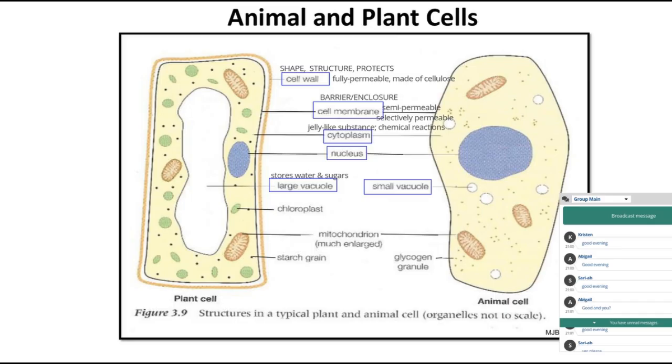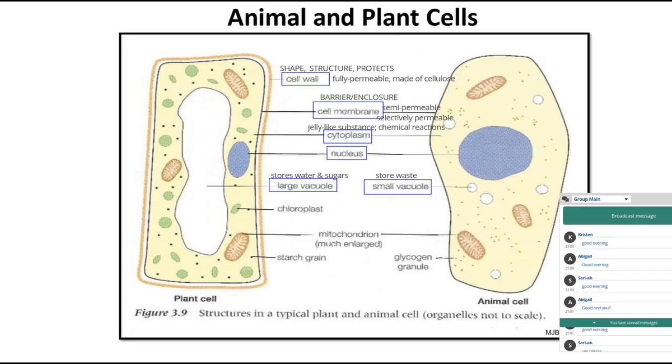They would store some of the waste. So in a sense, like a garbage can, storing the waste till it's ready to be sent out. So it's a little different function to the plant cell. The plant cell is really about storing the water and the sugars for the survival of the plant. But the small vacuole would tend to just store waste and whole cell parts and stuff like that. Anything that needs to be removed from the cell so it doesn't build up.